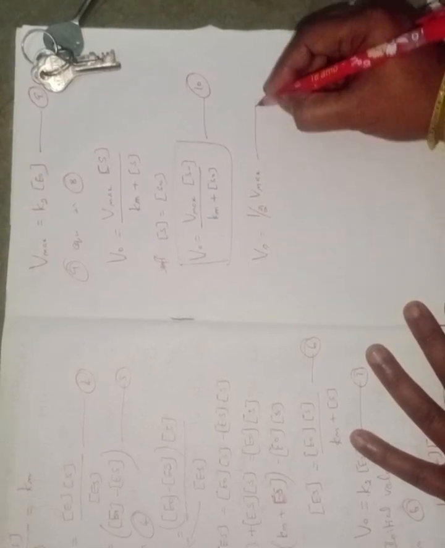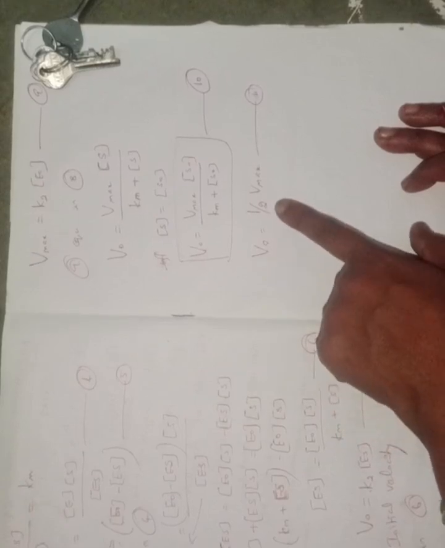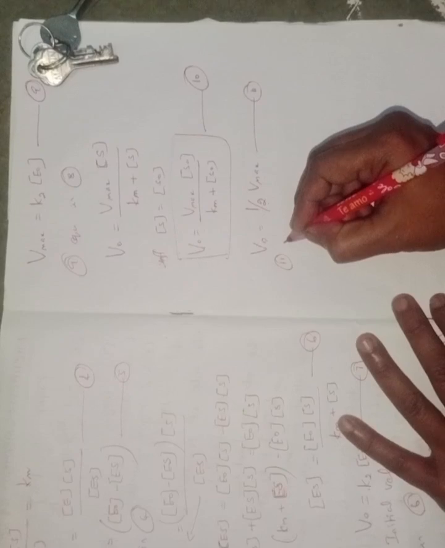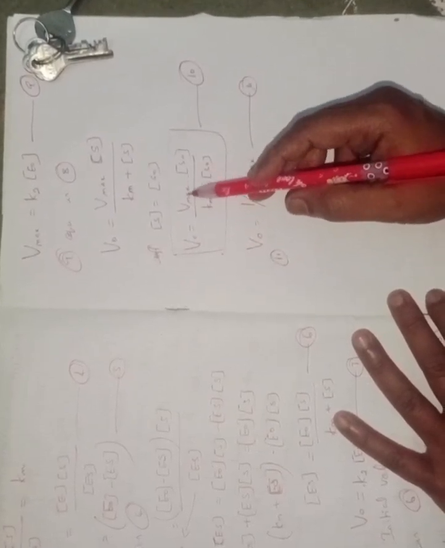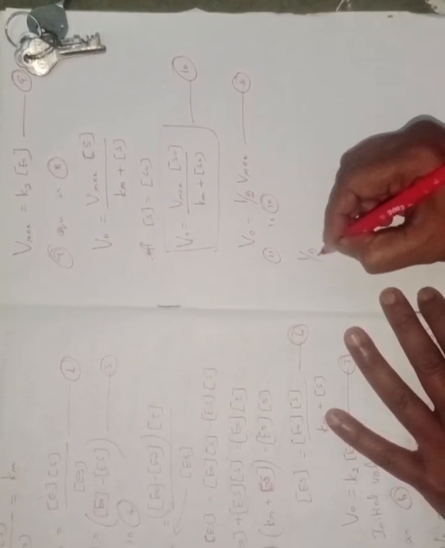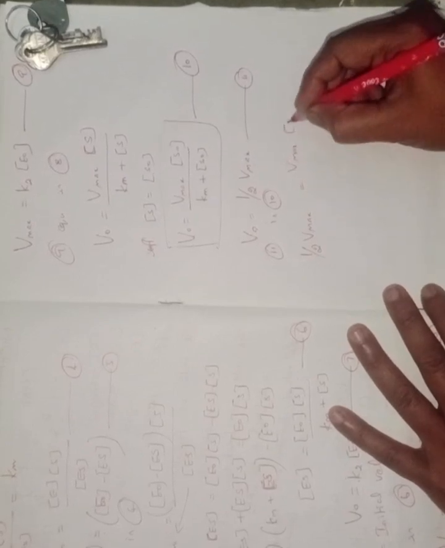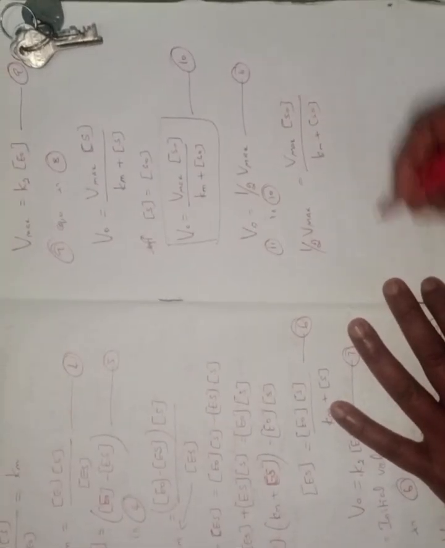The eleventh equation: V naught, the initial velocity, equals half of V max. Substituting the eleventh equation into the tenth equation, half of V max equals V max S0 divided by Km plus S0.